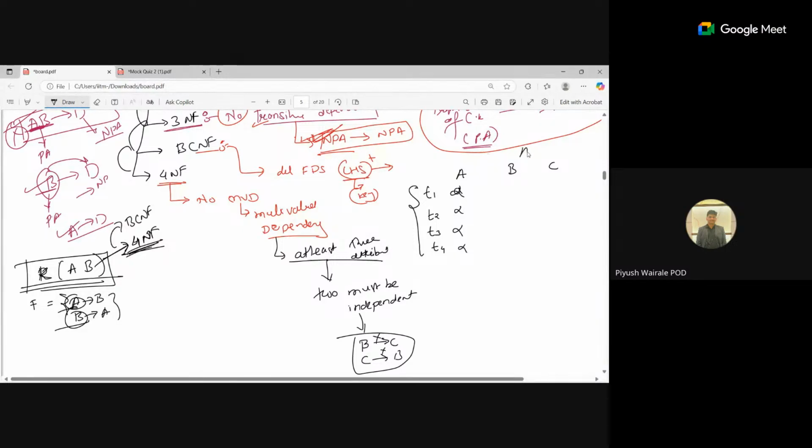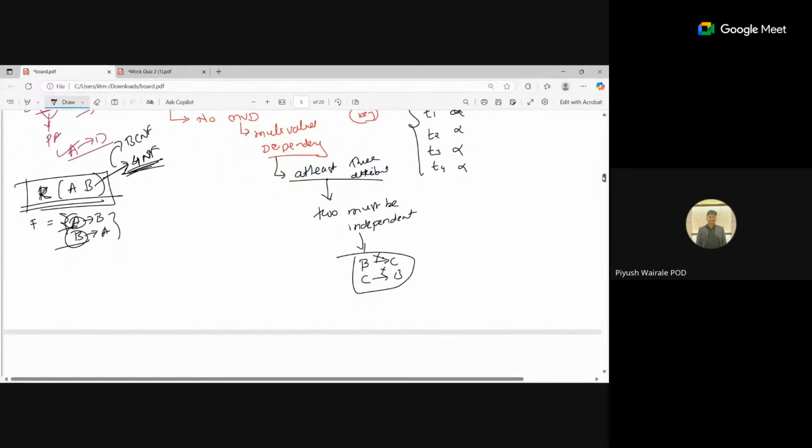So here we can say A multi-determines B, and B and C are basically independent attributes. Then you can apply those four rules to check whether MVD exists or not. But what I am saying is, you can simply check this condition. If you want to check for A multi-determines B, take any two tuples such that A is the same, meaning the left hand side is the same.